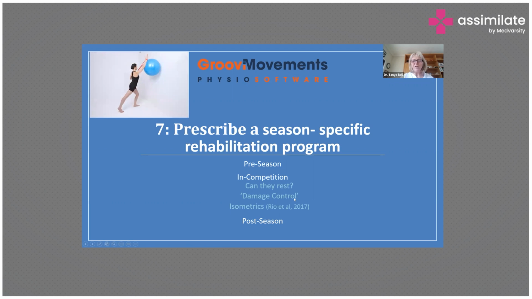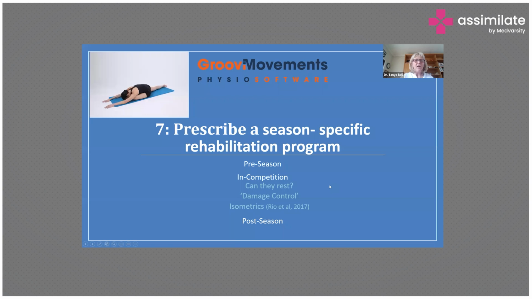Sometimes then you just have to do damage control, which means you just keep them going from one match to another. And that would be typical of a physio or doctor that is traveling with the team. I've often traveled with teams at a national and international level. And sometimes you just have to try and keep them going until the end of the season when you can be more specific. But in season, quite a lot of research has gone into doing isometric work.